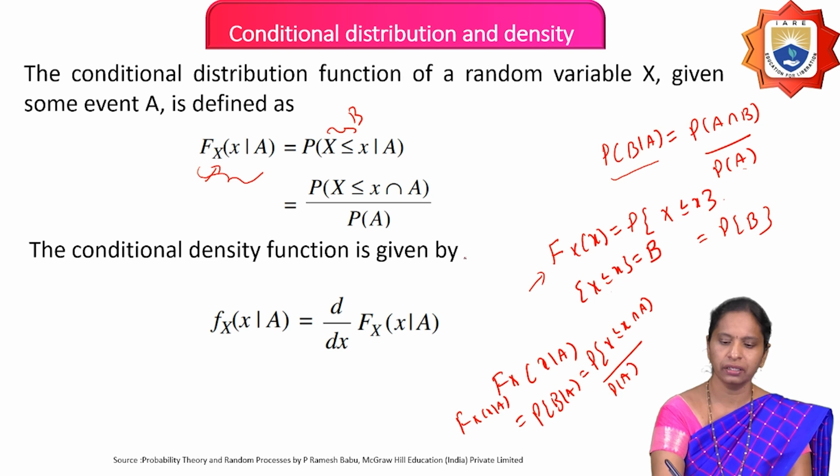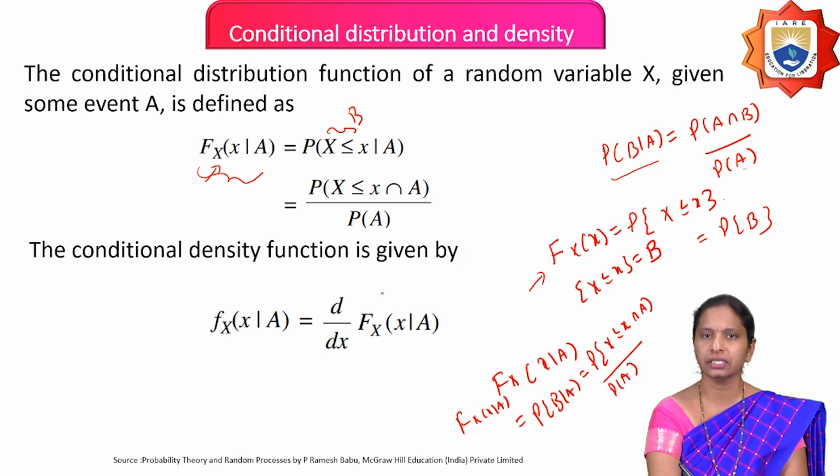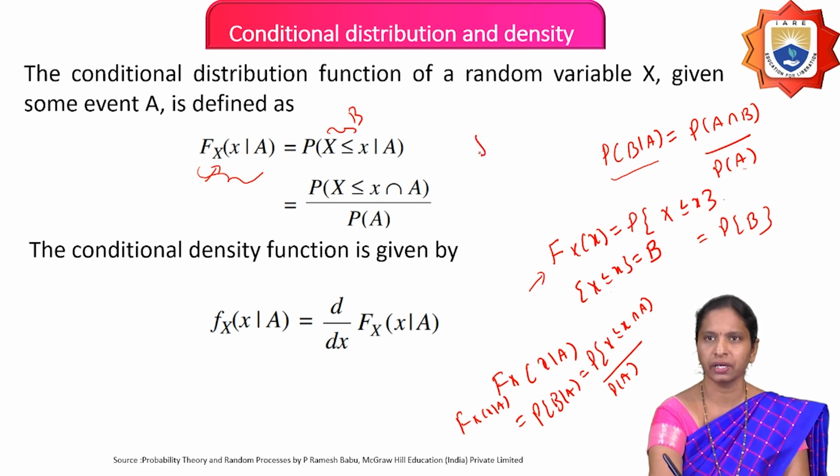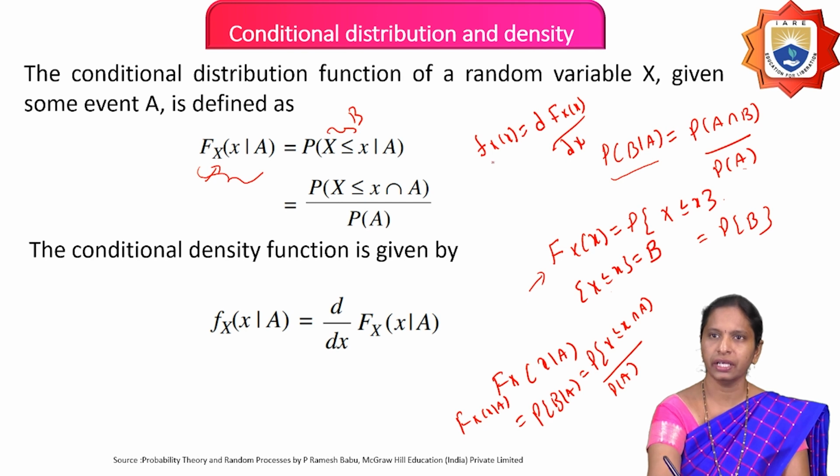And in a similar manner, you can define the conditional density function. How can you define the conditional density function? We know the definition of the density function of a random variable X. What is the definition? The differentiation of the distribution function gives the density function.